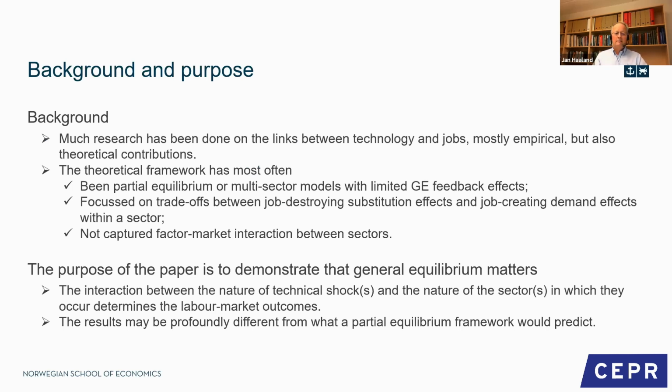In the theoretical frameworks, they are most often either partial equilibrium or multi-sector models without very much focus on the general equilibrium effects. They focus very often on the trade-offs between job-destroying substitution effect and job-creating demand effects of technological progress, and they don't really try to capture factor market interactions between sectors.